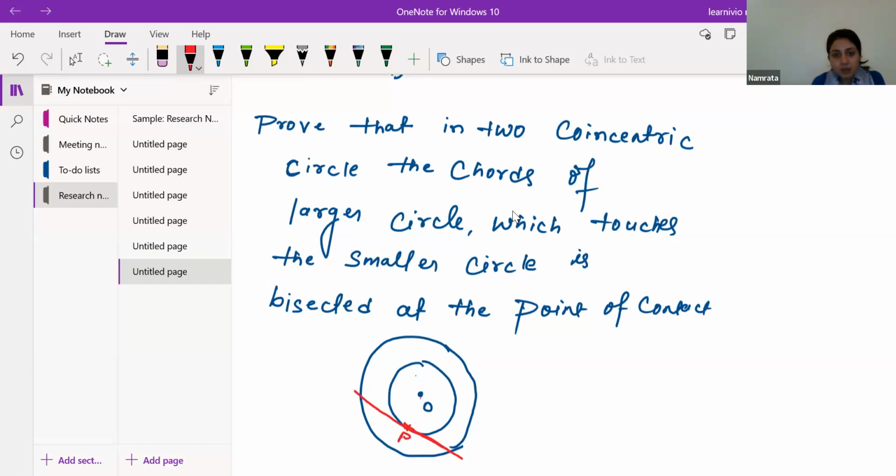We can say P is the point of contact, which touches the smaller circle, bisected at the point of contact. If this chord is AB, then we have to show that AP is equal to BP. That's the meaning of getting bisected.